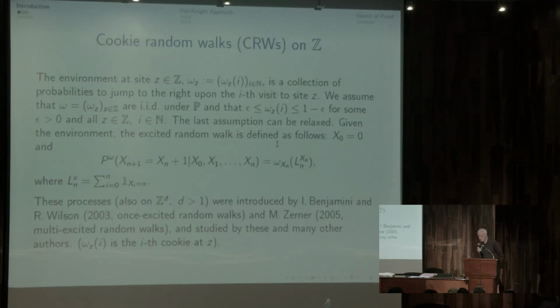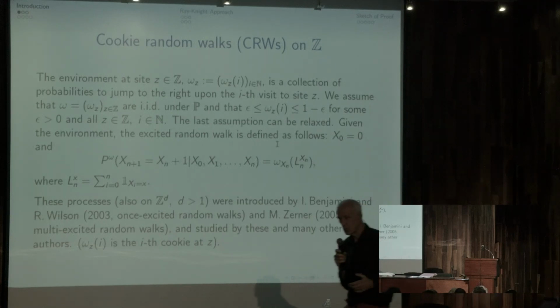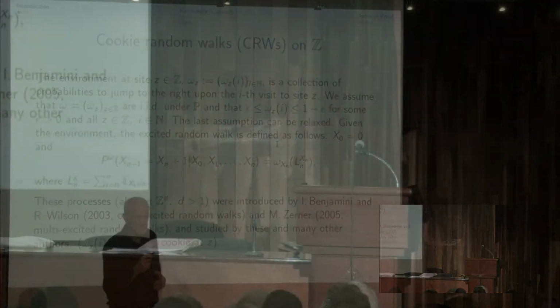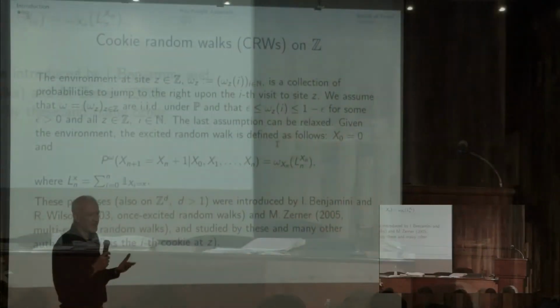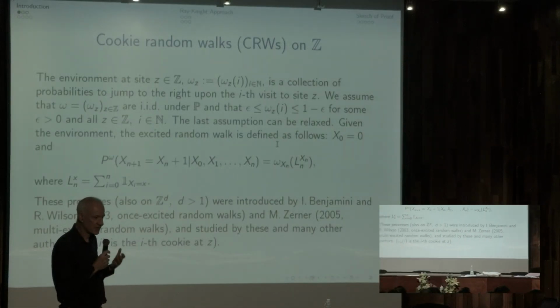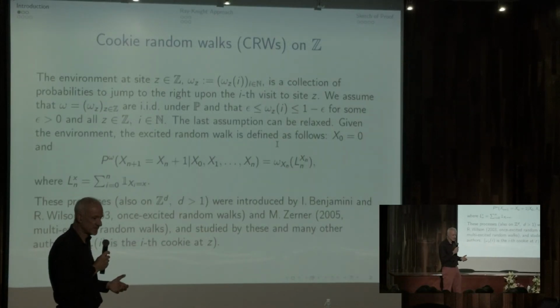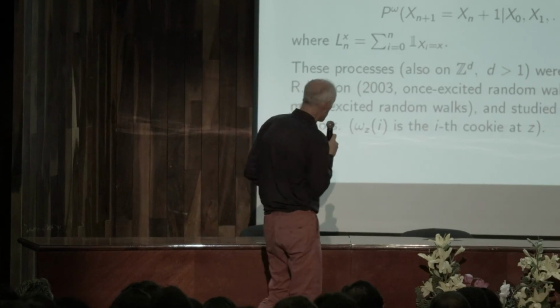A cookie random walk is a non-Markov process. I'm going to be talking just about cookie random walks on Z. It's important because I can only use my Ray-Knight approach, the approach of Bessel and Singh, there.